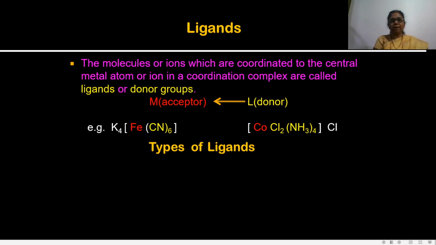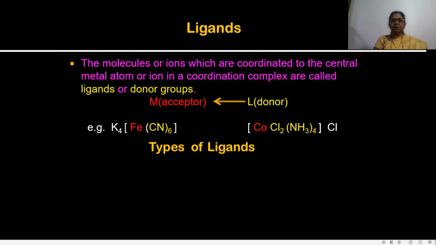We know that a coordination compound contains the central metal ion and surrounding atoms, and these surrounding atoms coordinate with the central metal atom by donating their electron pair. This type of ions or molecules are called ligands, and these ligands are the donor group.